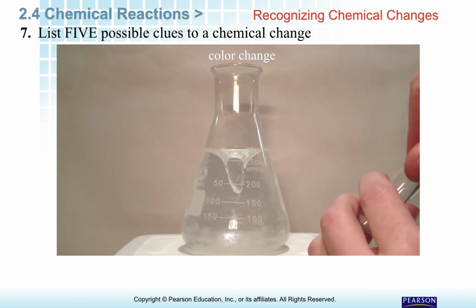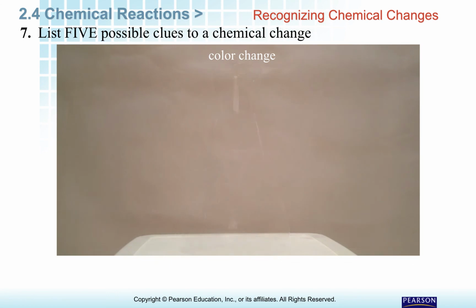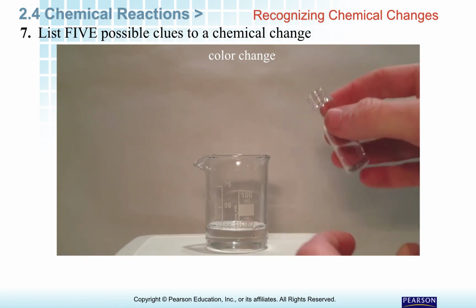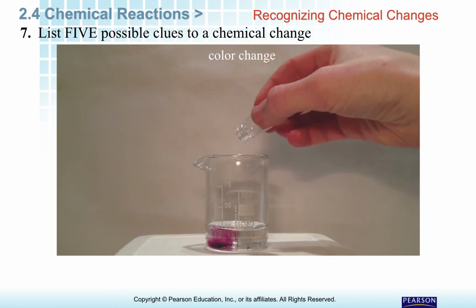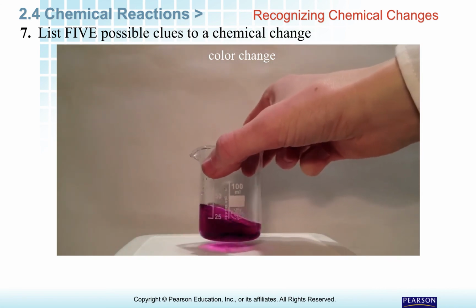It also dissolves. I have a beaker of water. I add just a few crystals of potassium permanganate. It's purple. I swirl it, and it dissolves.